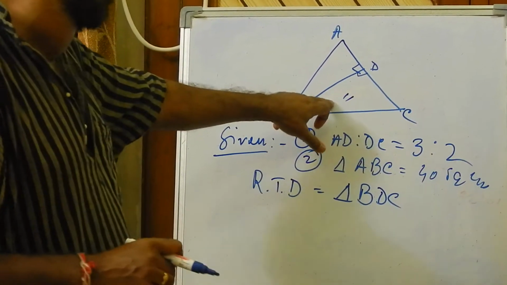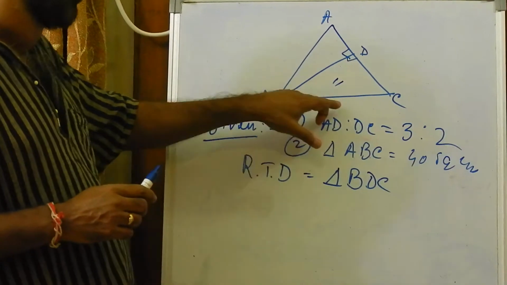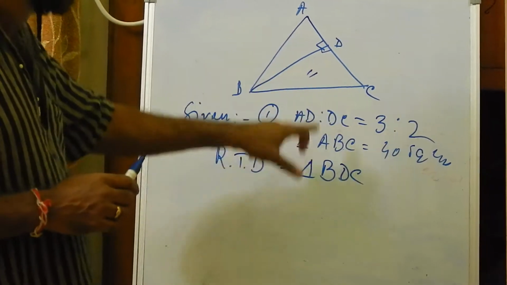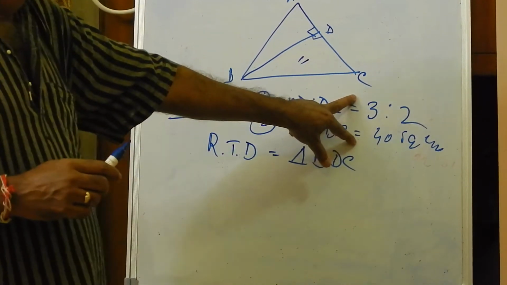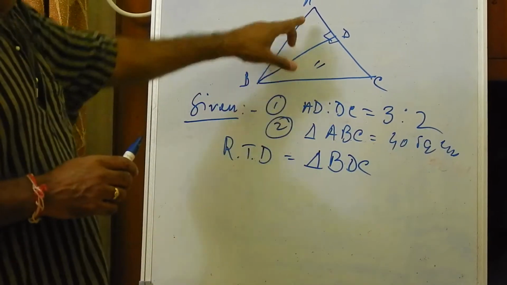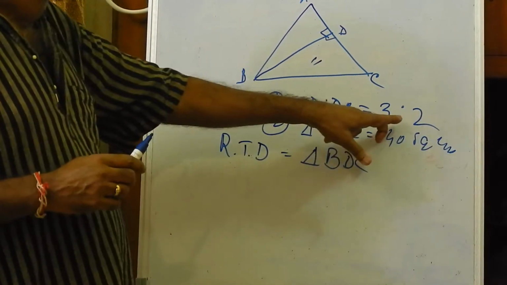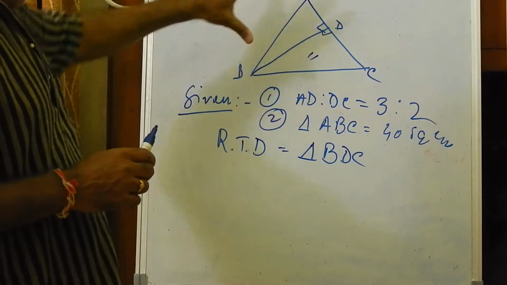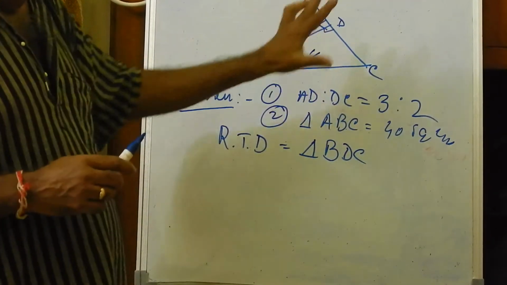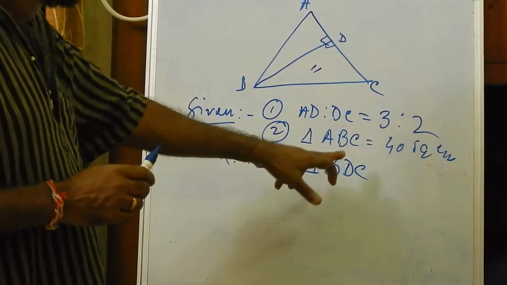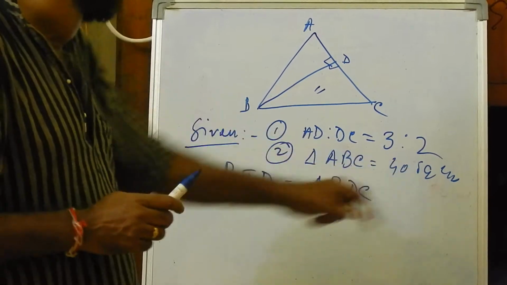On the basis of these two clues only: first one is AD is to DC equal to 3 is to 2, and the second one is the overall area of the triangle ABC equal to 40 square centimeter.